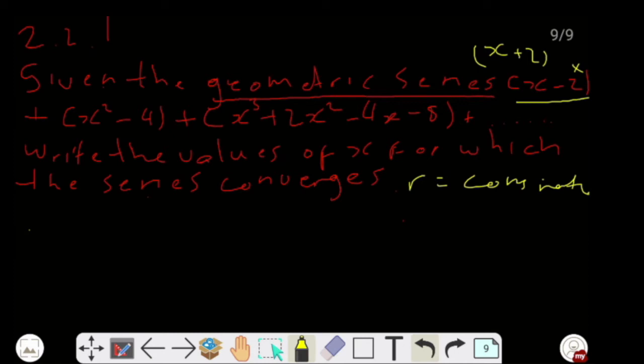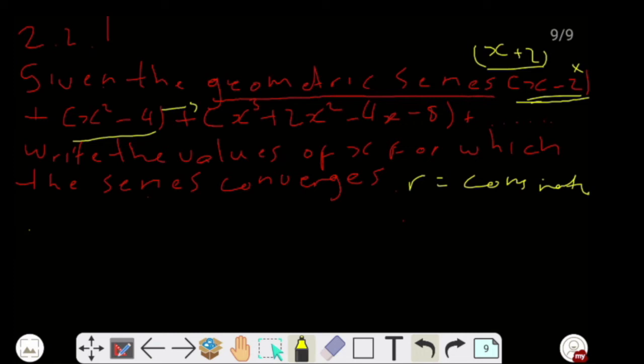And you do the same with the third term, and so on and so forth, right? You can even check it. x minus 2 times x plus 2 should give you x squared minus 4, right?